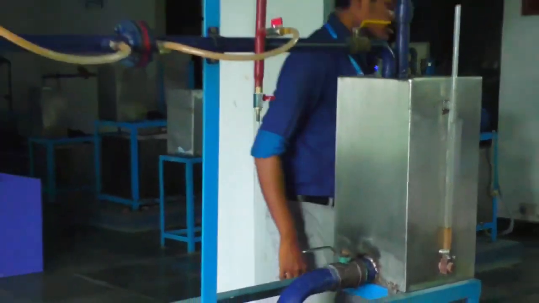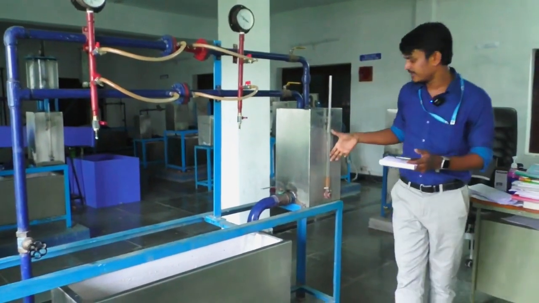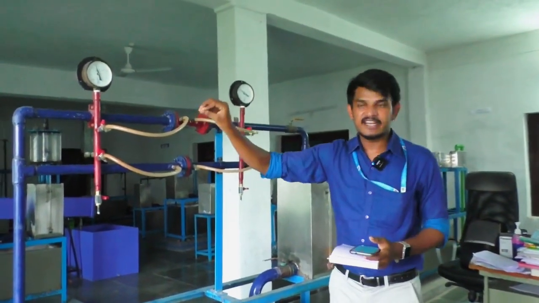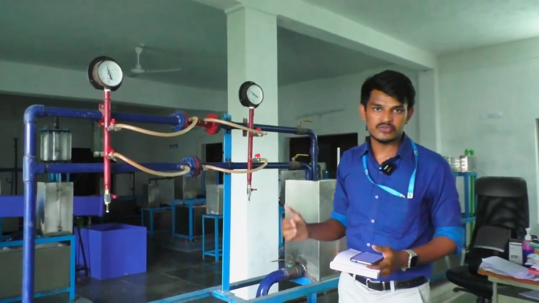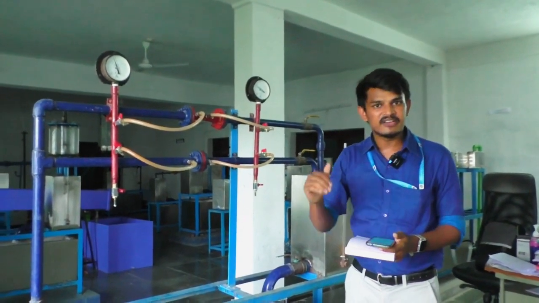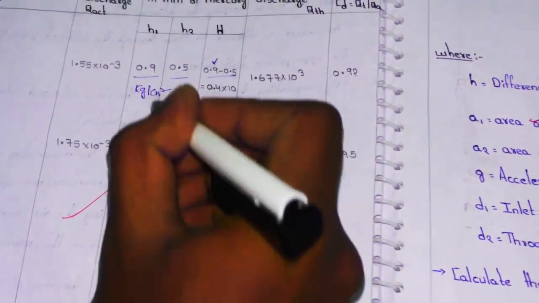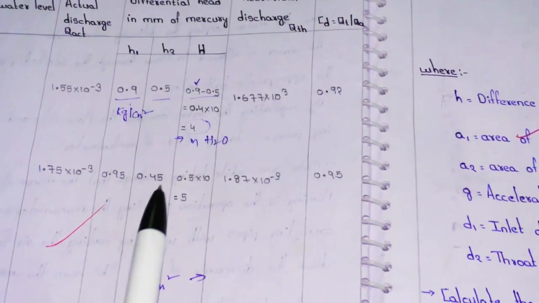So we have taken the reading for 10 centimeter rise, and we have also noted the head difference that is present at this point and at the throat. So we have taken the values and we will do the calculations now. We have noted H1, H2.